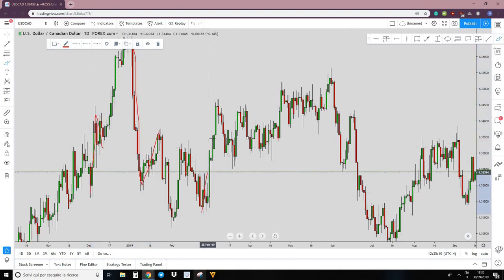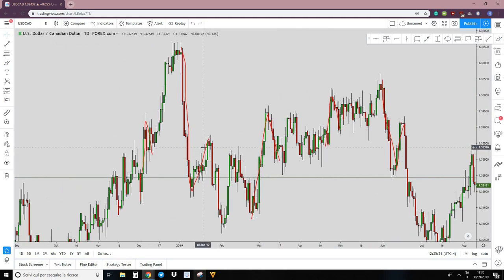Again, you have it here, nice impulse to the upside, retracement. You have it here, nice impulse to the upside, retracement. And you have it here, nice impulse to the downside, retracement. A bullish ICI strategy, bearish ICI, bullish ICI, bullish ICI, bearish ICI. Let's see how you were supposed to trade these particular patterns.